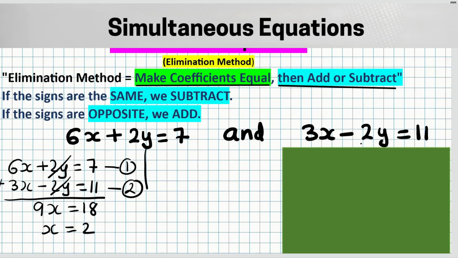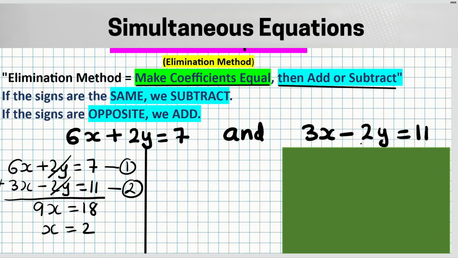So solving the two equations simultaneously by getting rid of one of the variable y, we got the value of x. Now to get the value of y, you make use of value of x and substitute in any of the given equation.